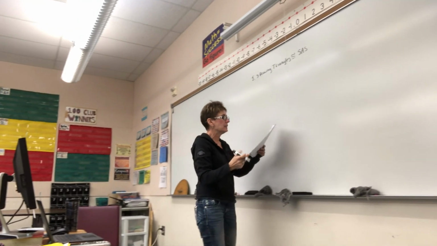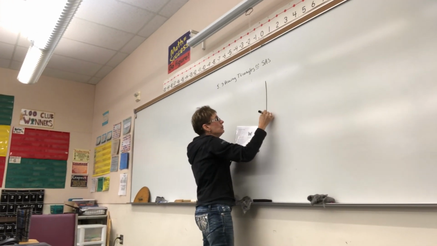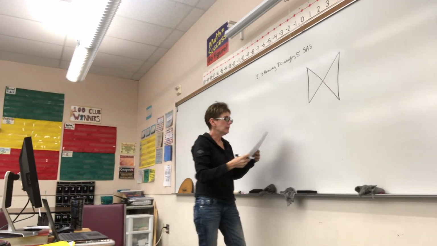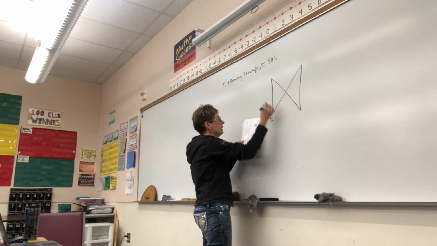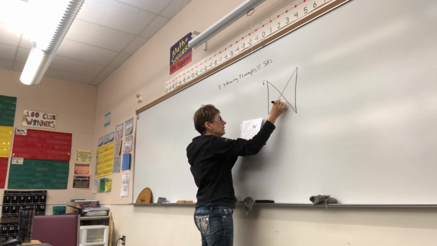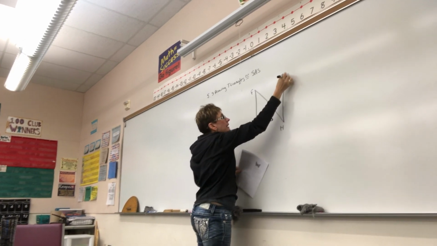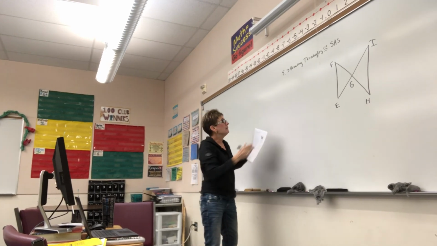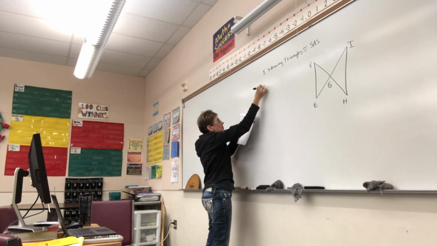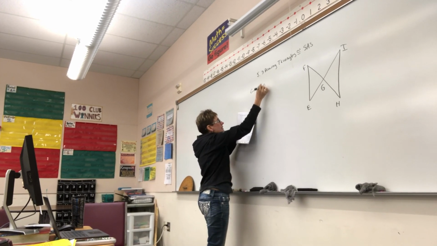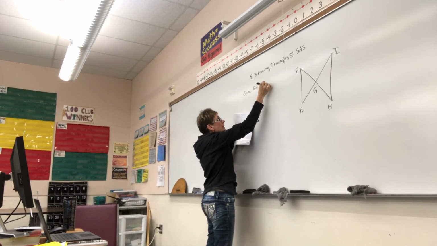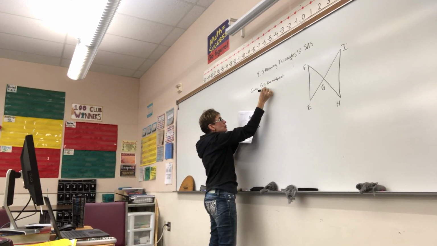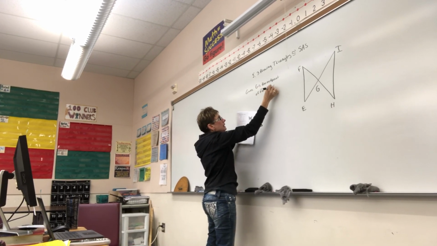And for this one, we also need to have a picture. So we're going to do this kind of a shape here. And I'm going to label the points E, F, G, H, and I. Our given is going to be that G is the midpoint of FH and EI.